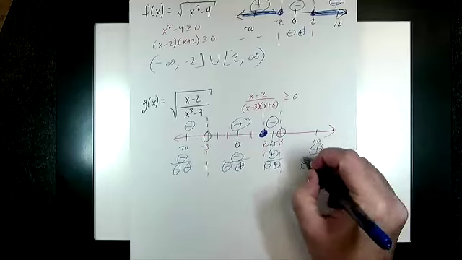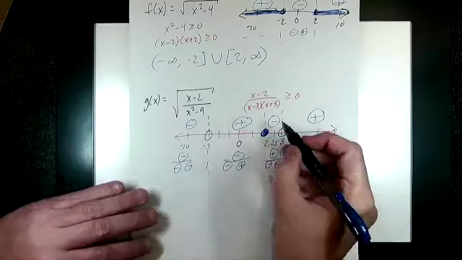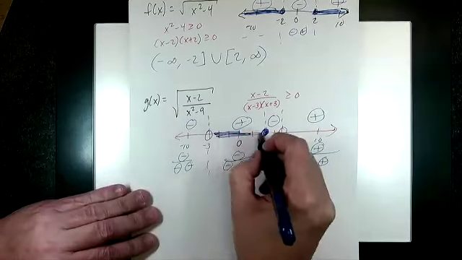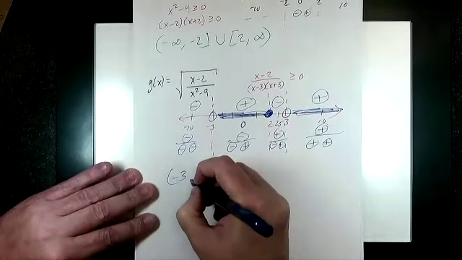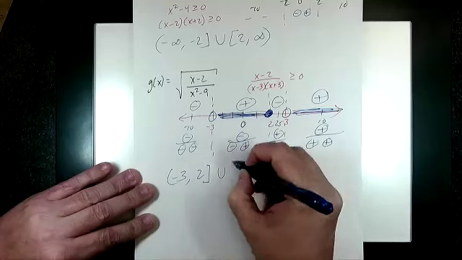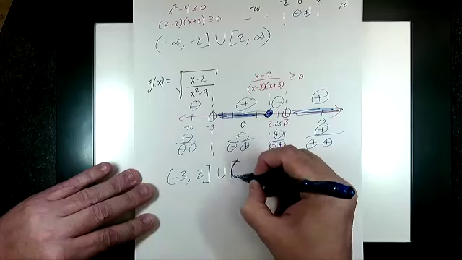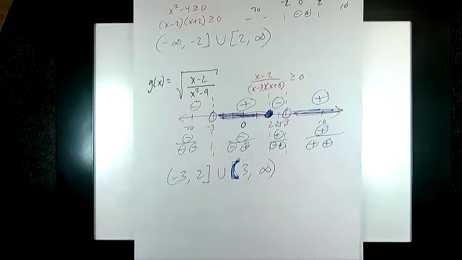You can do it in your head for like 3 minutes. So we want the positive region, which is -3, not including -3, up to 2 inclusively, in union with 3 to infinity. It's broken, it's short circuit.